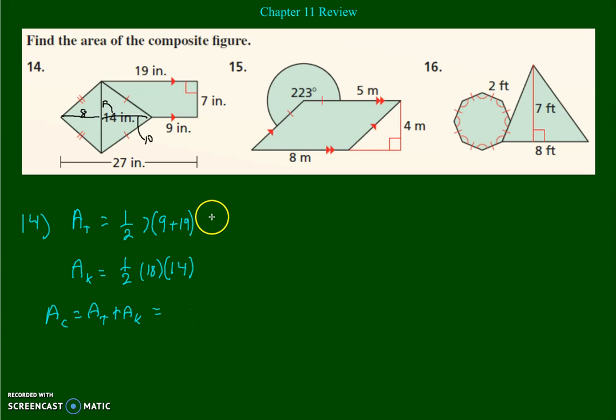Area of the trapezoid is 98. Area of the kite is 126, and the composite area is 98 plus 126, which is 224.